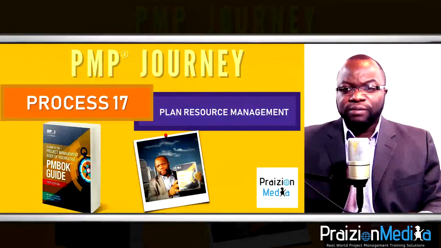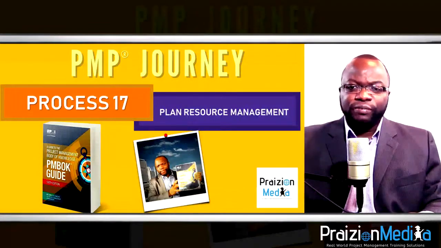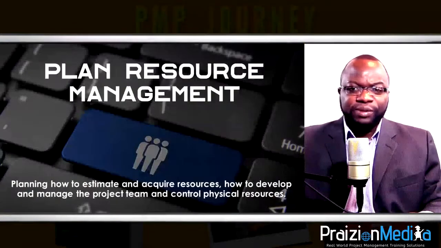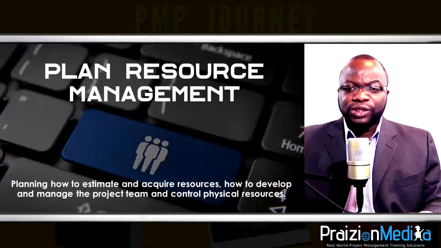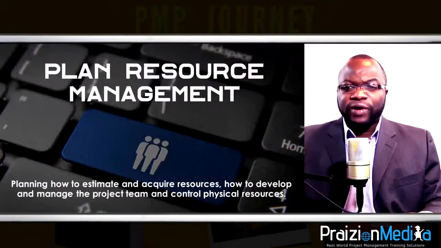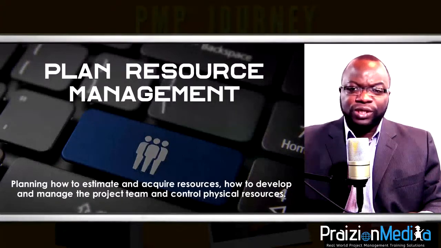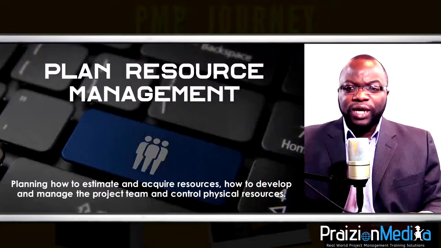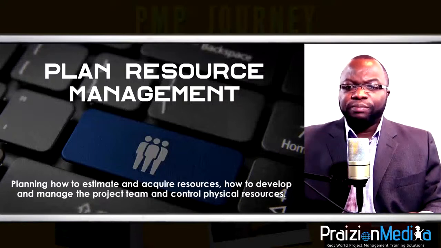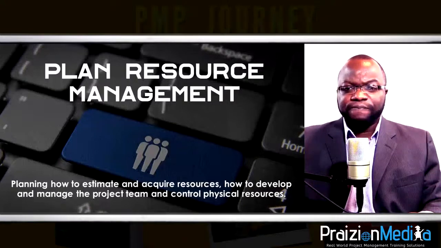The next process, plan resource management, is where you put together a resource management plan that guides the project manager and the team for how to acquire the resources: human, equipment, materials, supplies, and even facilities. So it's a plan for how to do those things.